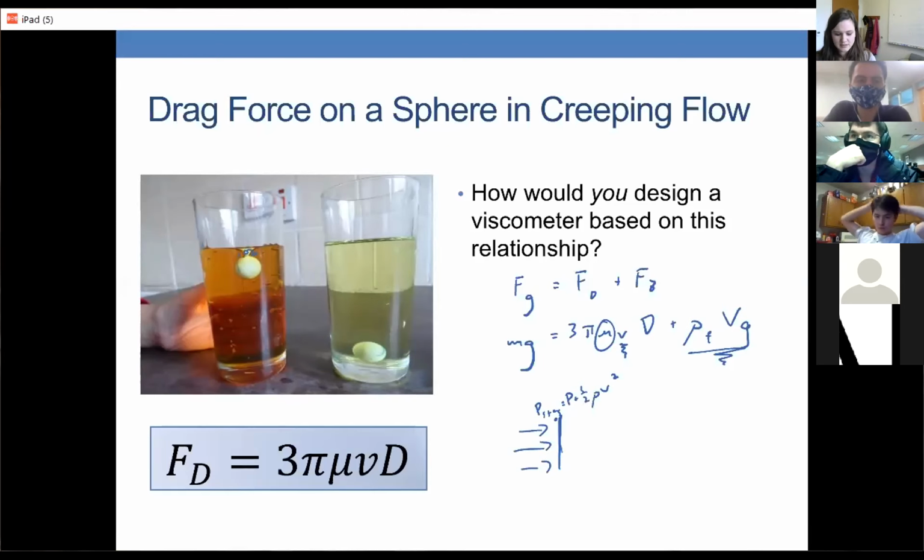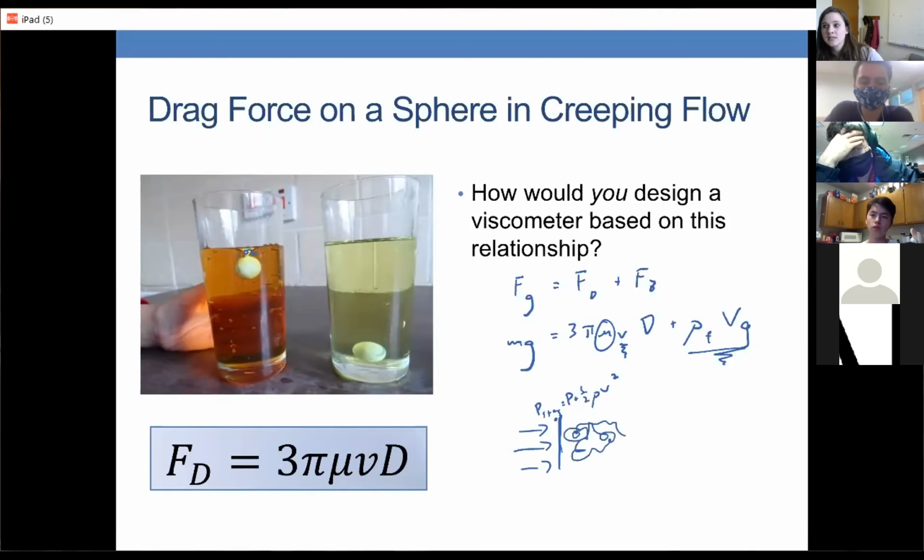So higher velocity means more pressure drag. The more viscous it is, the less likely you are to get pressure drag. And the bigger it is, the more pressure drag you get, because that gives you that area. And the bigger the area is, the bigger your pressure force is.